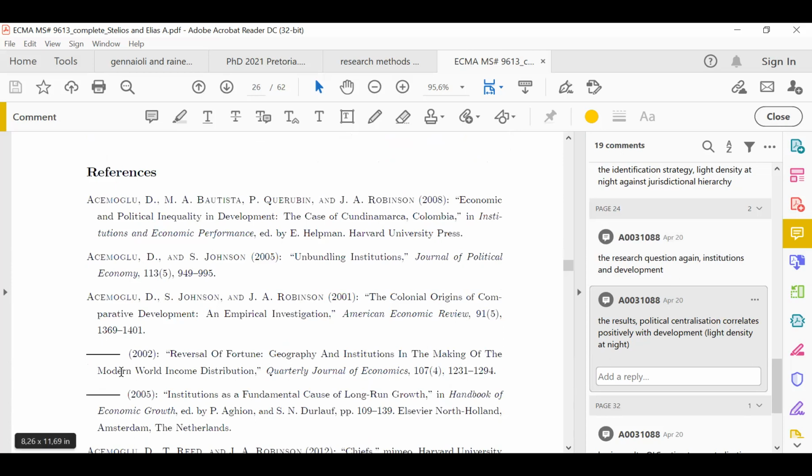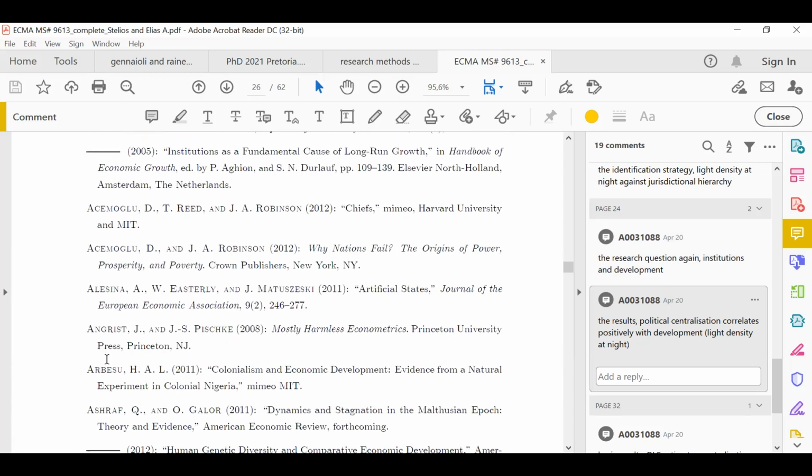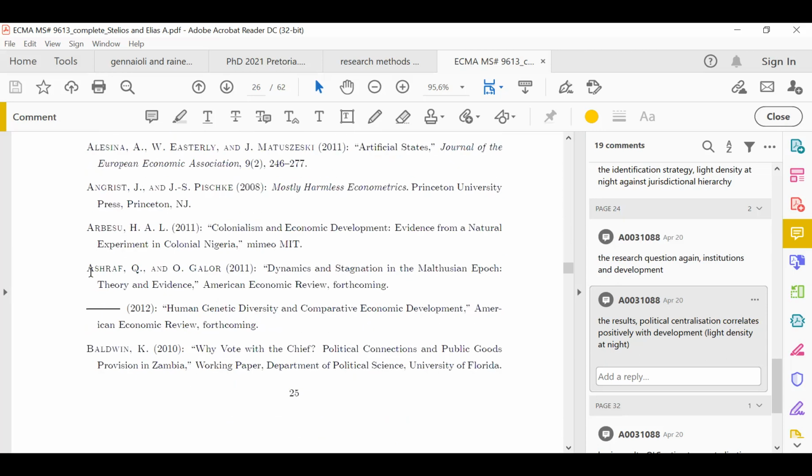References, usual names there, folks: Acemoglu, Johnson, Robinson, all over the place, Alesina, Angrist and Pischke, Mostly Harmless Econometrics. Remember, we spoke about that book at the very beginning.